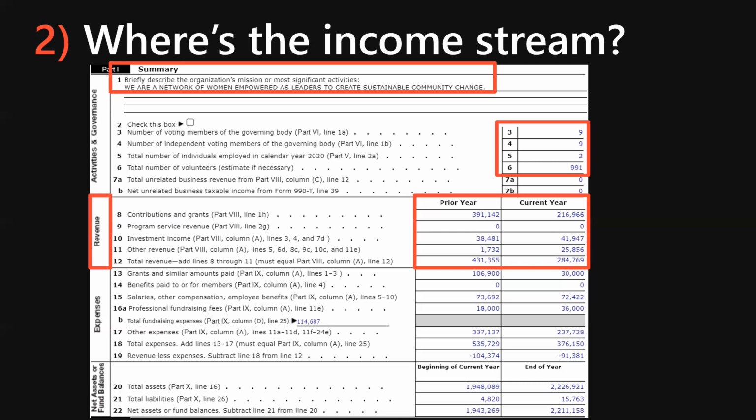Does anyone have a guess? COVID, we didn't have rummage. You didn't have rummage. Okay, so that fairly significant swing between the prior and the current year, we can explain, right? Along with the rest of the world, year to year looks different. Line 10, investment income.